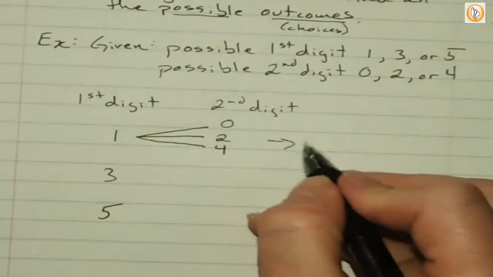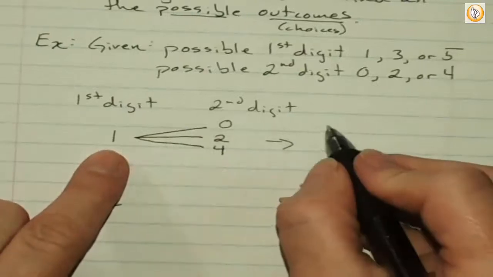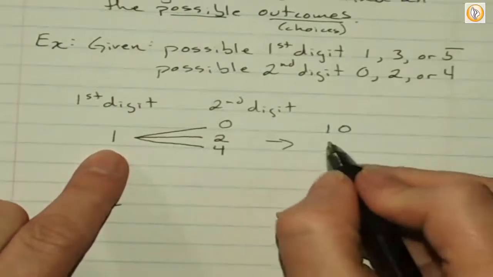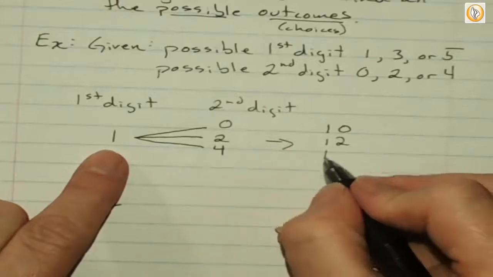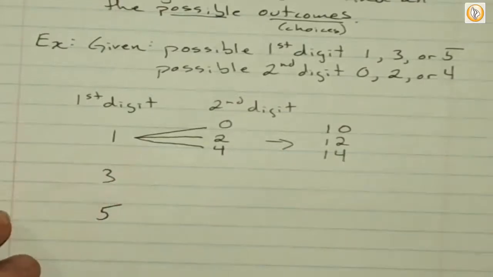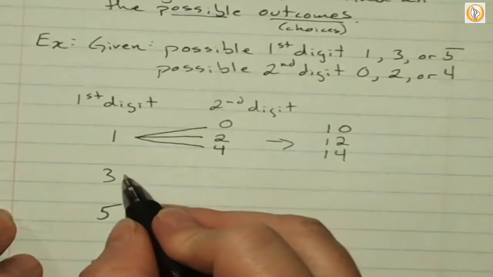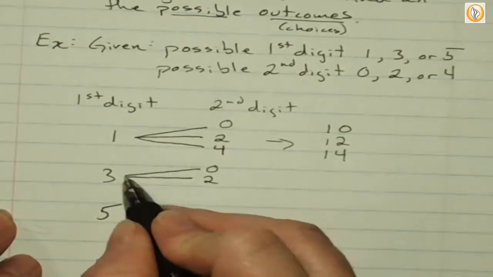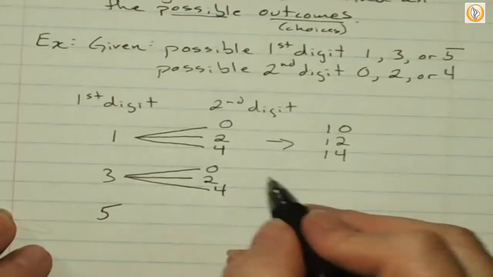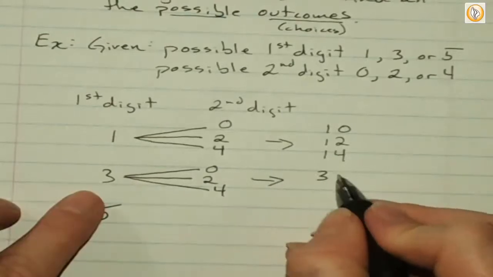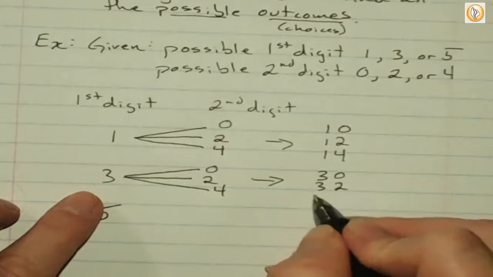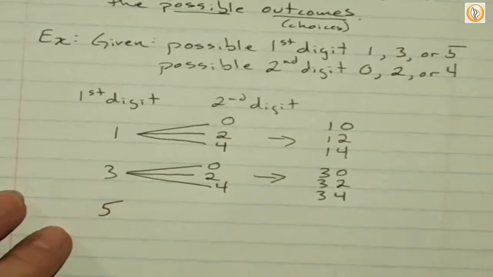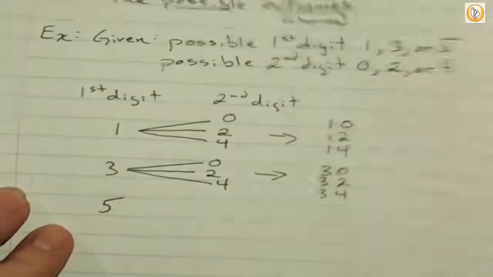So then we could have 10, we could have 12, or we could have 14 as your password. For 3, we could have 0, 2, and 4 as your second digit, to where your password would be 30, 32, or 34, right? Y'all get where I'm going with this?